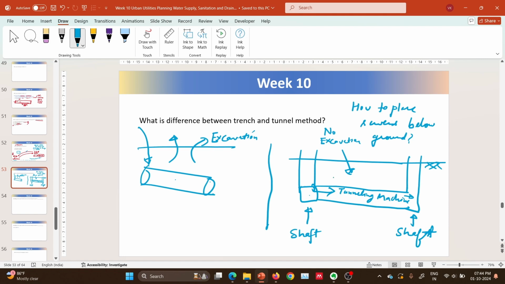Sewers are not inserted for the whole length at once; they are inserted for a fixed length.